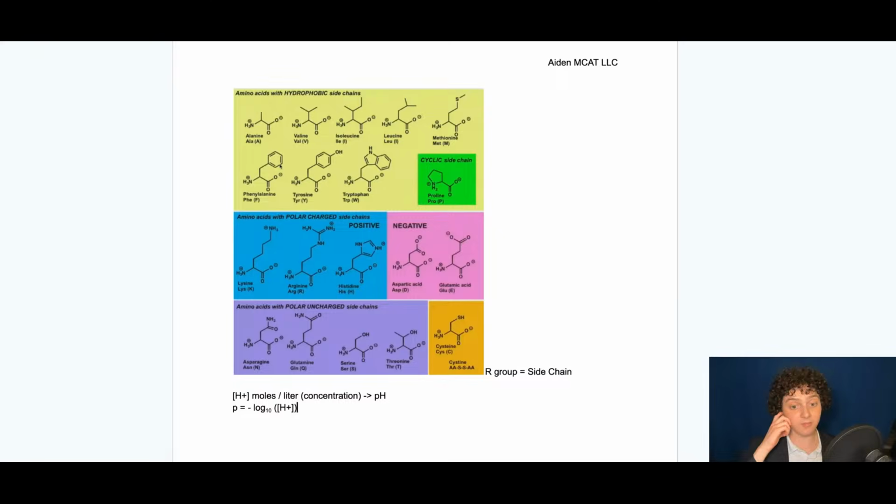So it turns out that the concentration of protons or hydrogen atoms is such a small number that it would be inconvenient to have to state that particular number every time we talk about how acidic, or how concentrated with hydrogen, a certain environment is. It turns out that those numbers would be really annoying to say.